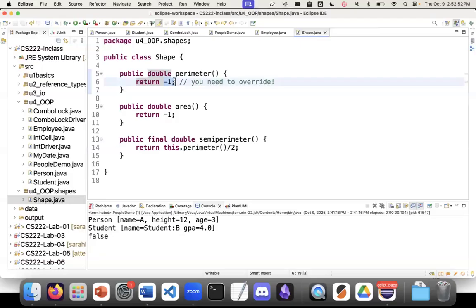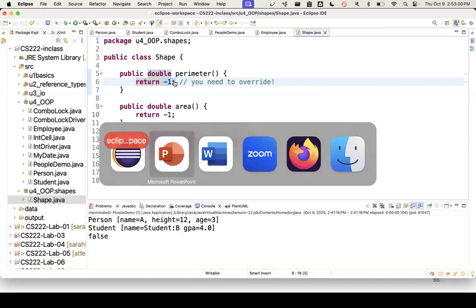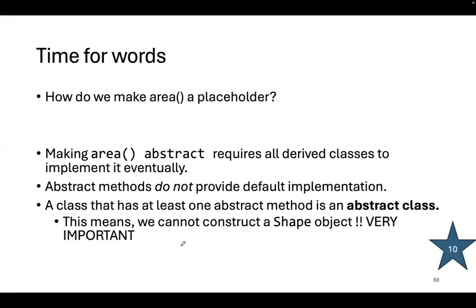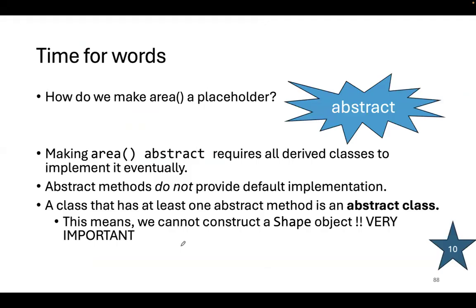I don't force them to say you have to redefine perimeter, you have to redefine area. I'm not doing that in this code. And that's a problem. So returning -1, we risk it not being overridden. The way we force the user, me or someone else, to override this method later is we make this method abstract.